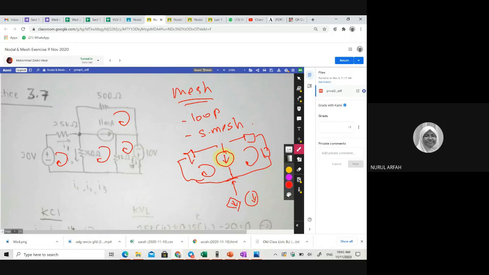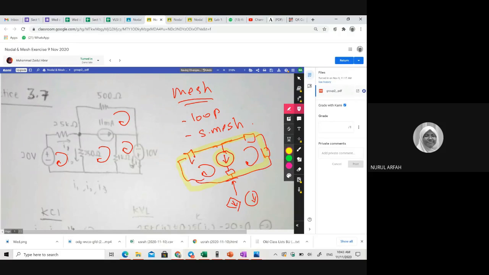What if you have some element in series with this current source, in between two closed loops? Do you think that this is a super mesh or not? Include it in the boundary. Yes, this is a super mesh.